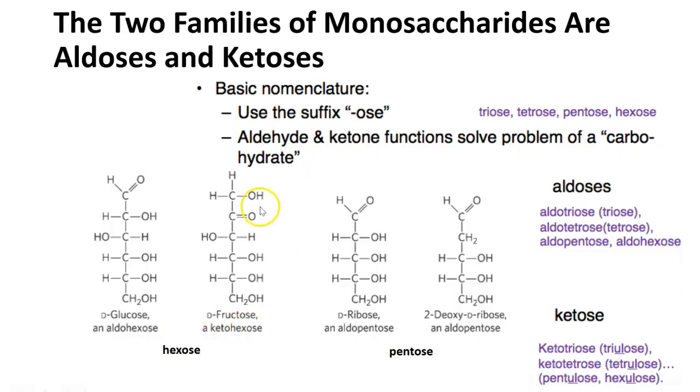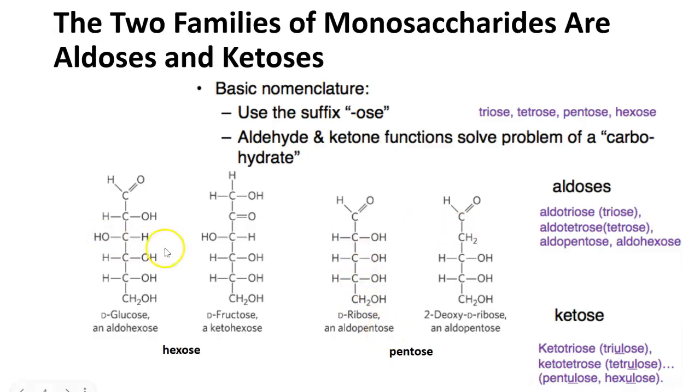Then ketohexose still has 6 carbons, but with this functionality you have a ketone involved, so you have that carbonyl with the carbon on each side. Then you have the aldopentose, which means you have the aldehyde, which you see right here, and a chain of 5 carbons, 1, 2, 3, 4, 5, and it is a carbohydrate, so it ends with -ose.